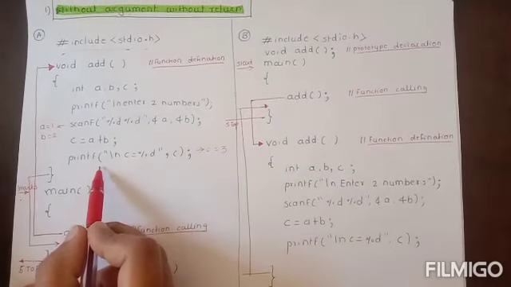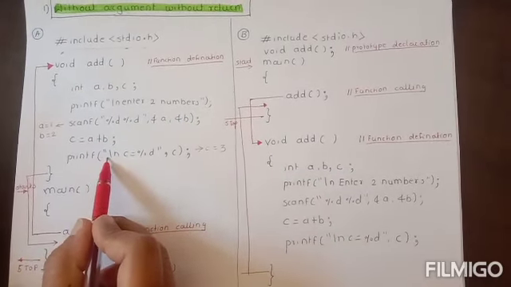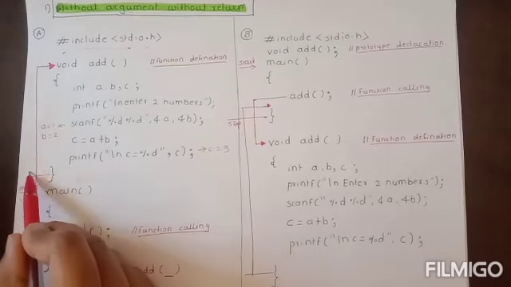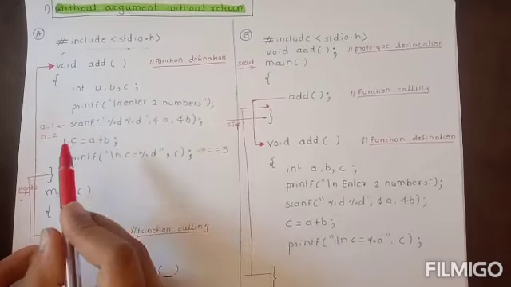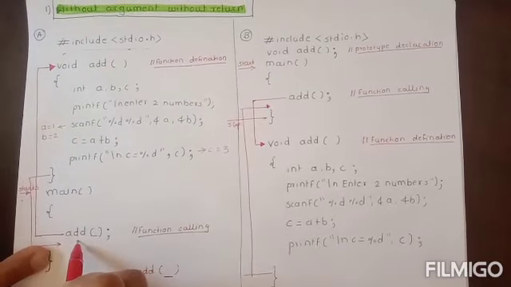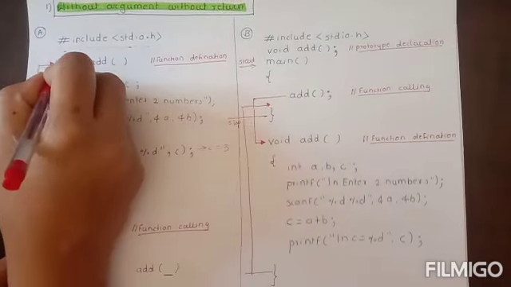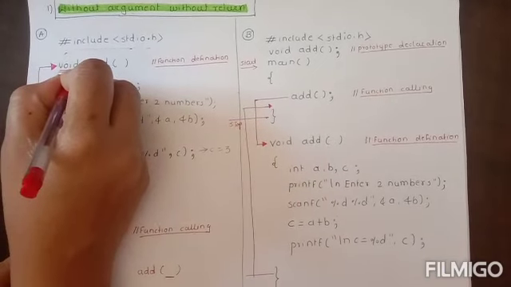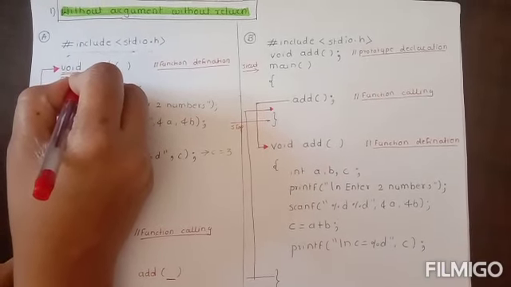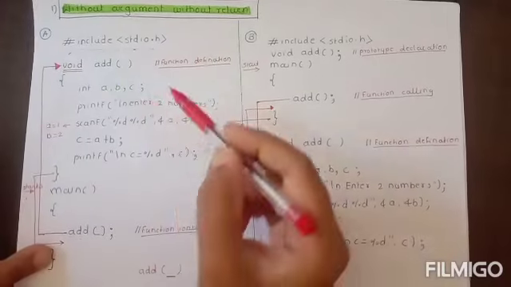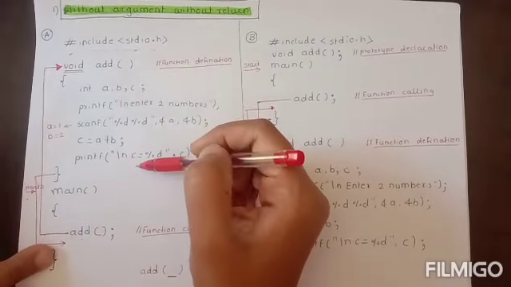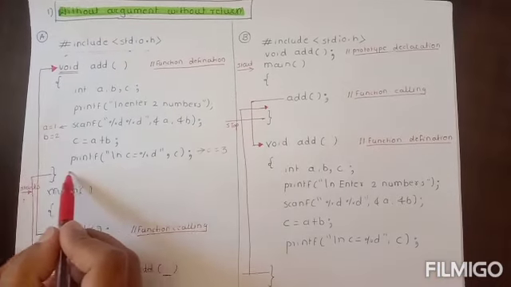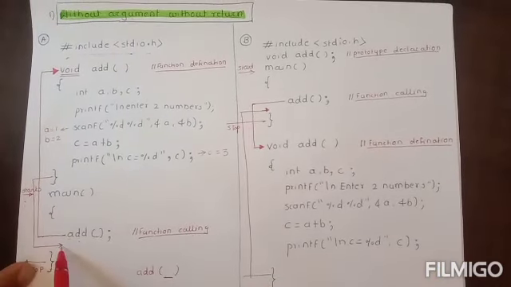After completing this task, we are not returning any value back to the calling function. So if we are not returning anything back, here I include the return data type as void, meaning this function is not returning anything back to my calling function.